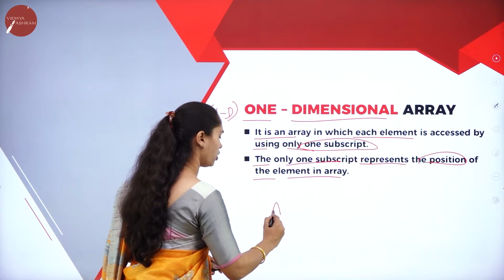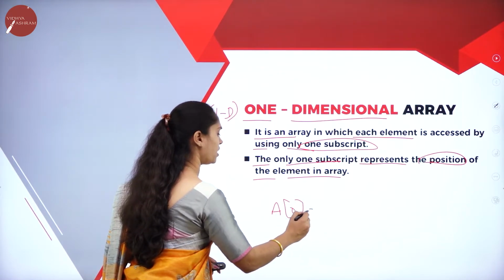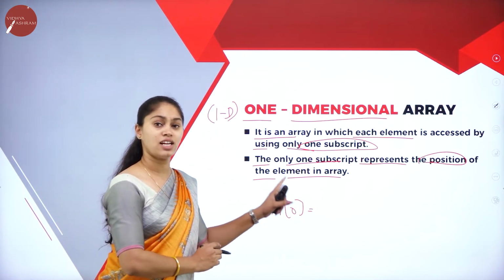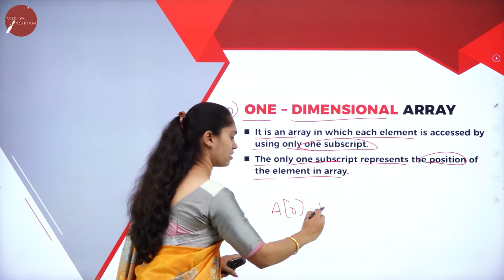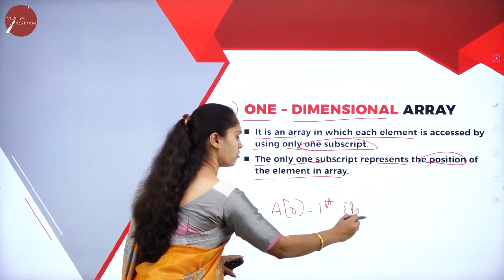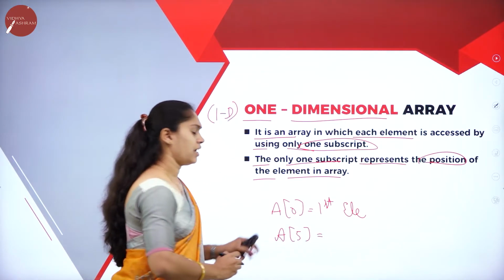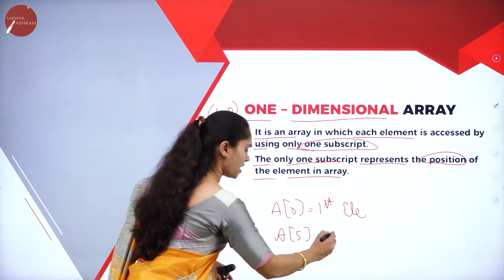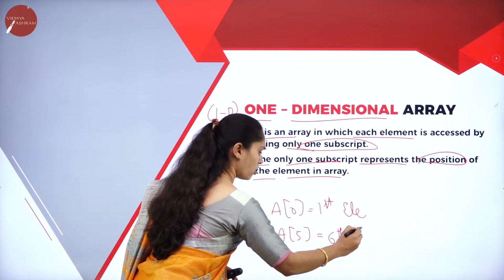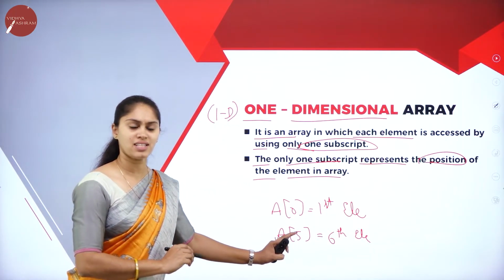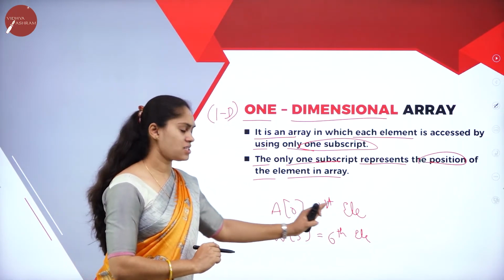So if I use A of 0, what does it represent? It represents the location of the first element. If I use A of 5, it represents the location of the sixth element, right? Don't get confused: A of 5 is the sixth element, A of 0 is the first element.